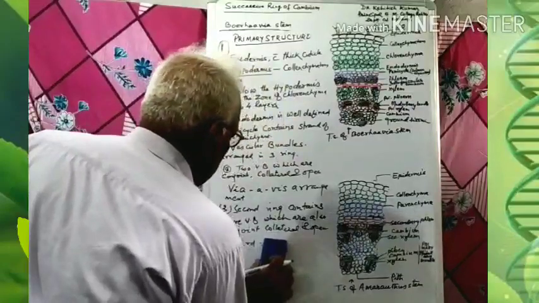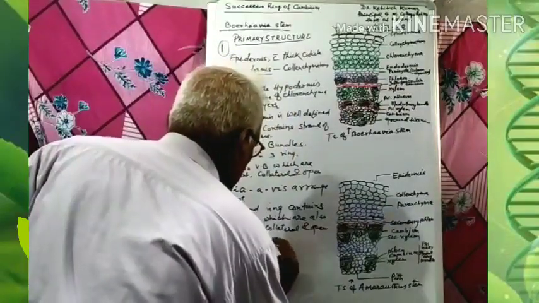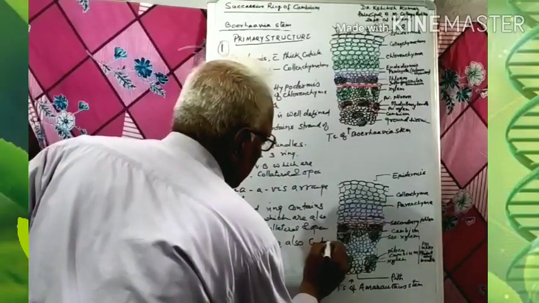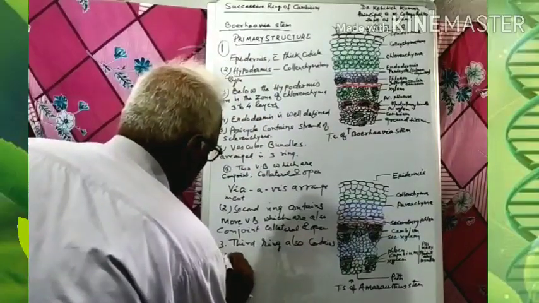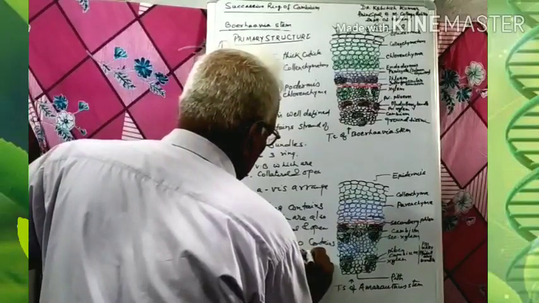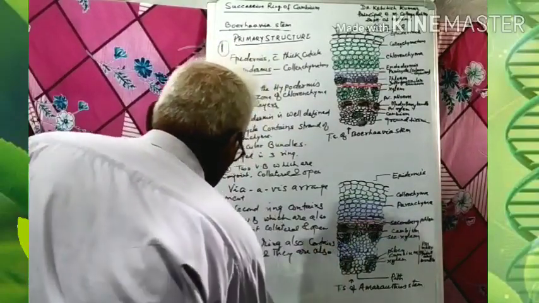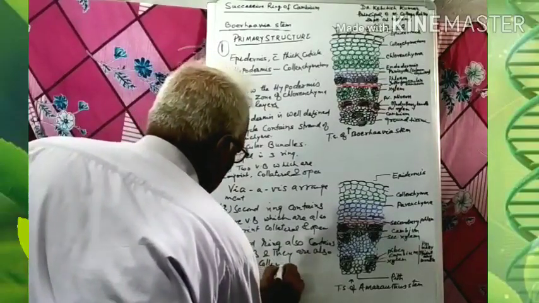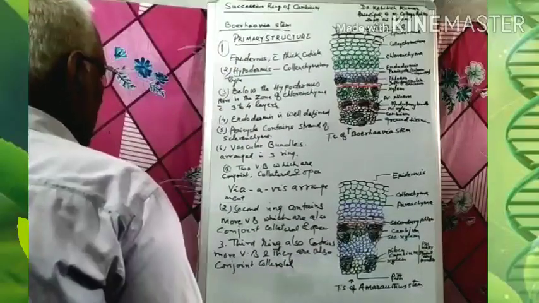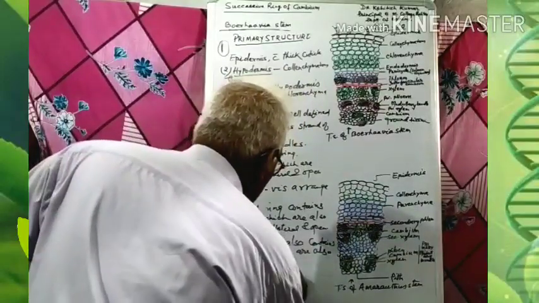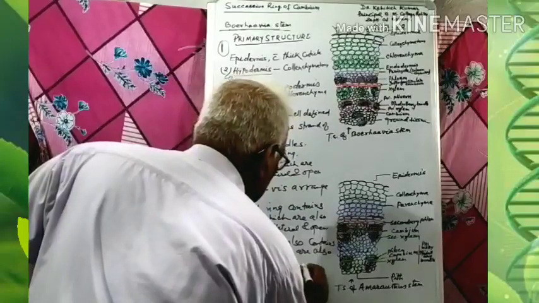The third ring also contains more VB, and they are also conjoint, collateral and open.